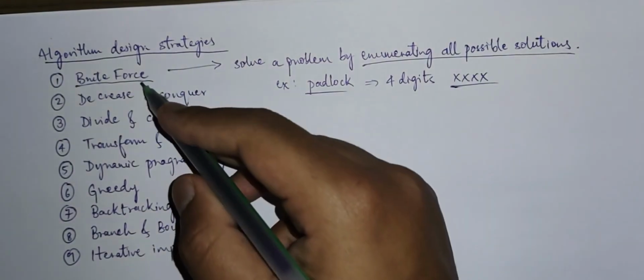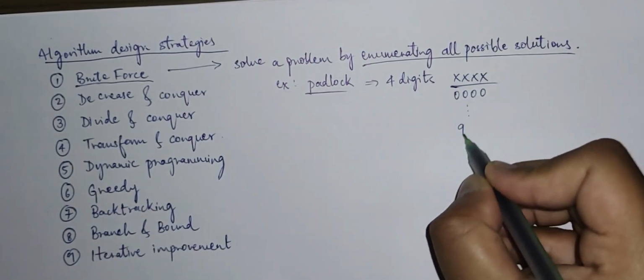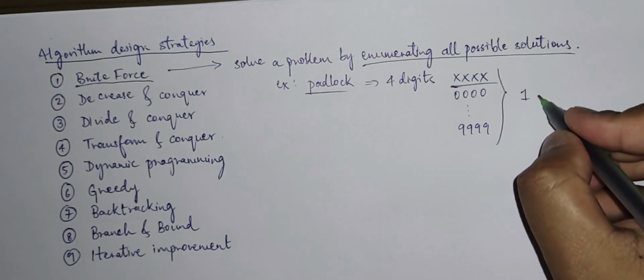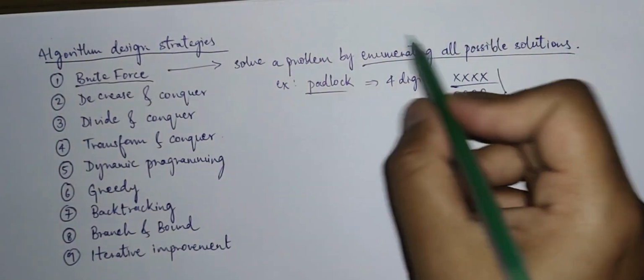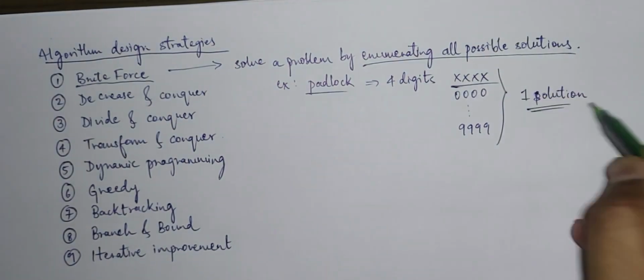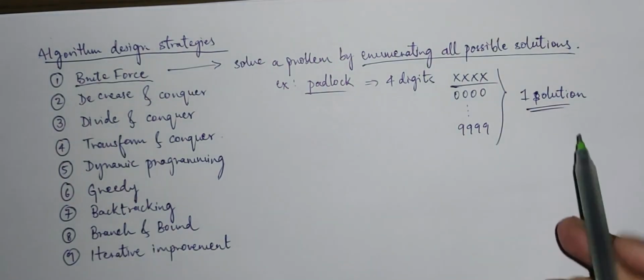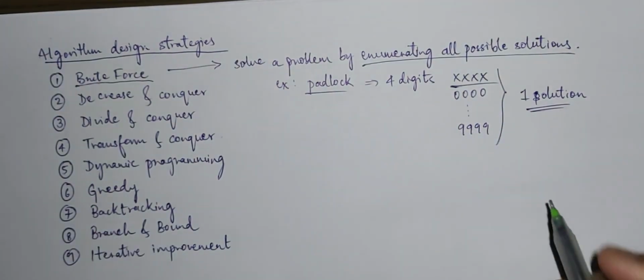If you go ahead with brute force, then you would try each and every possible combination. Out of these, there would be at least one solution. So you will enumerate all possible solutions and then come up with the actual solution. You'll keep doing this until the actual solution is obtained. This is one of the examples in which brute force is used.